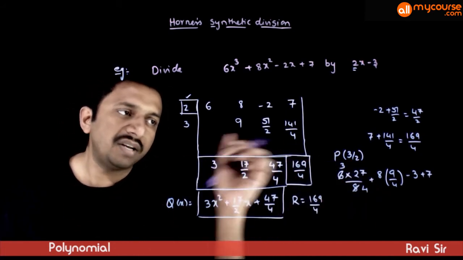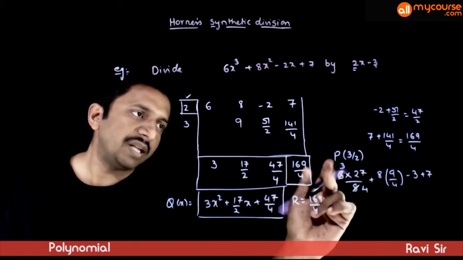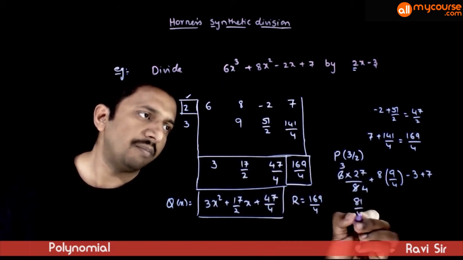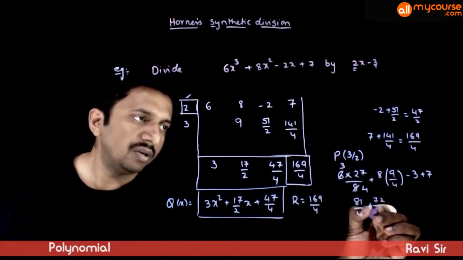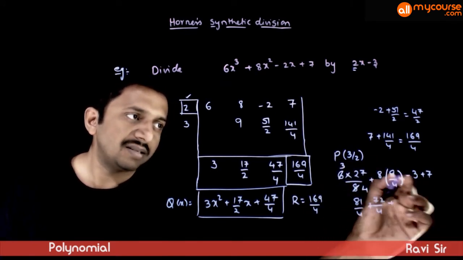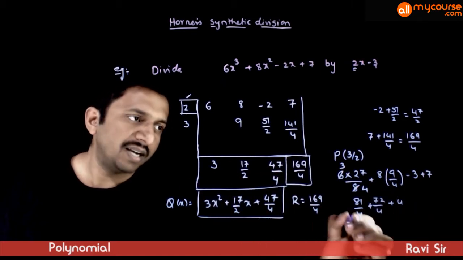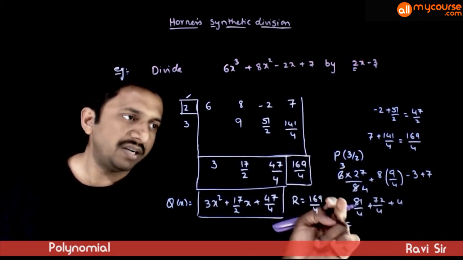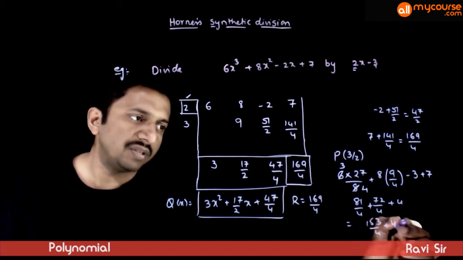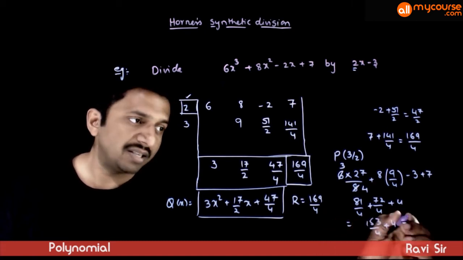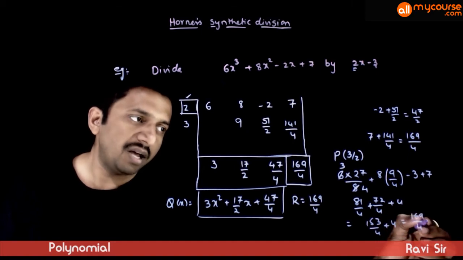So you have 27 into 3, 60 plus 21, 81 by 4 plus 9 8s are 72 by 4 plus 4. That is equal to 81 plus 72 is 153 by 4 plus 4, which is equal to 153 plus 16, 169 by 4.